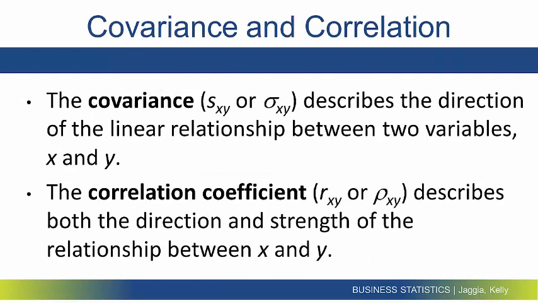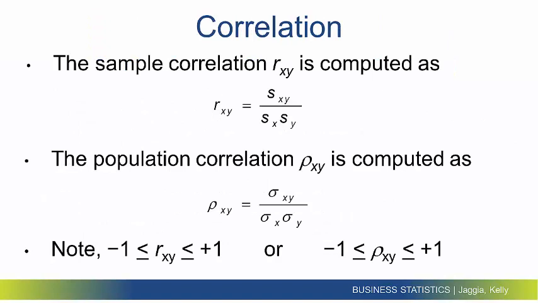Lastly, we're going to talk about measures that describe the relationship between variables, and these measures are covariance and correlation. We'll also revisit this discussion when we look at regression analysis later on. So a correlation coefficient is a value that describes the strength and direction of the relationship between two variables.